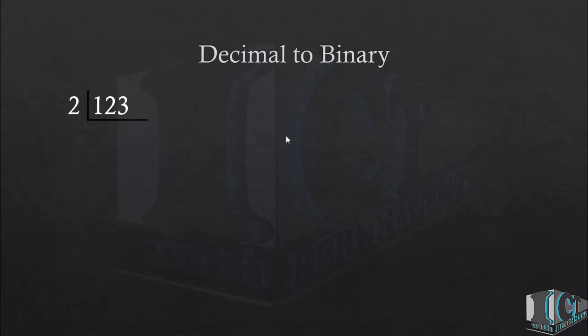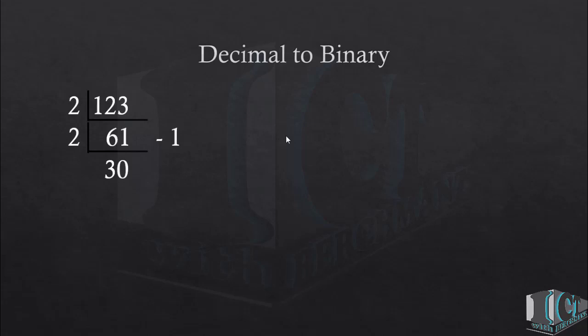So when I divide 123 by 2, I am getting the value 61. We know 61 into 2 is 122, so we are left with a remainder of 1. 61 is greater than 2, so I can divide this again by 2, which will give me 30. 2 into 30 is going to be 60.